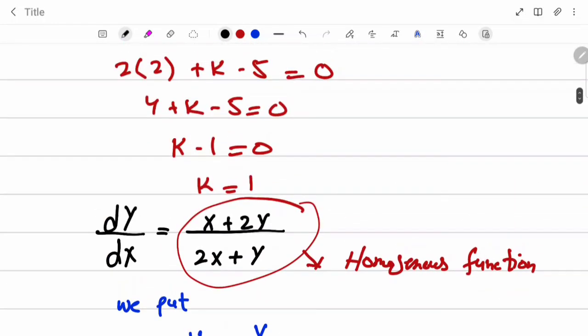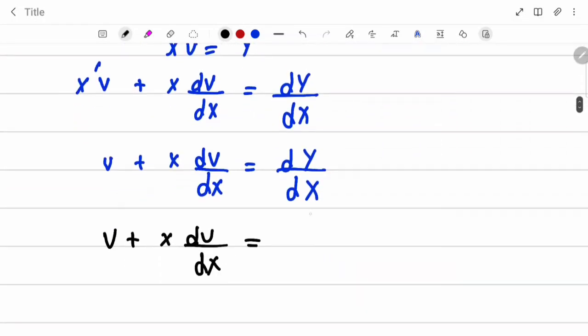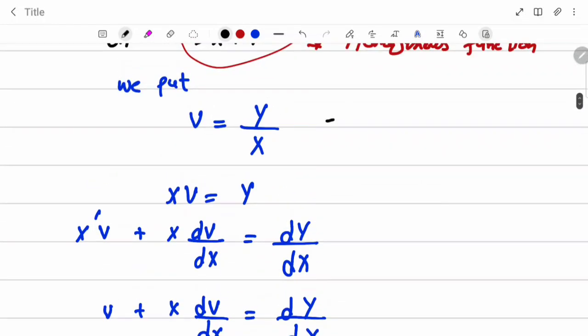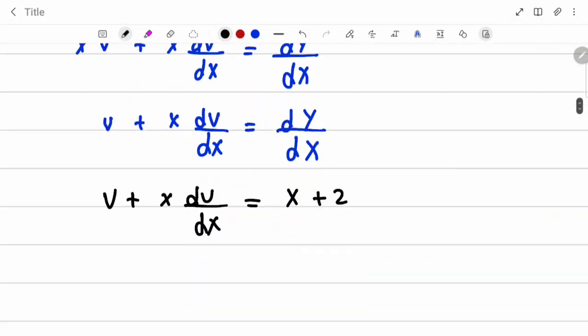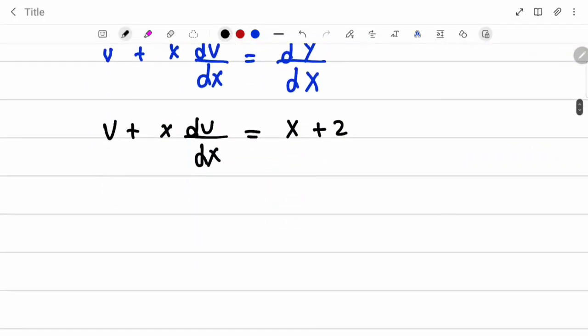Now what about X? We write it X as it is, plus 2. Instead of Y, can I say, check out this expression, that is Xv.